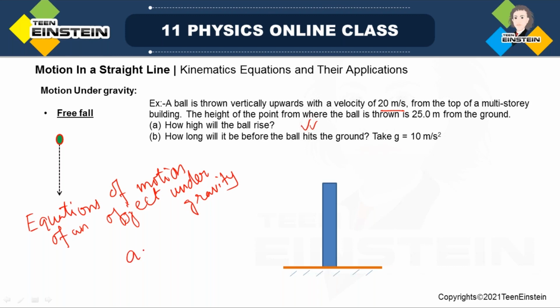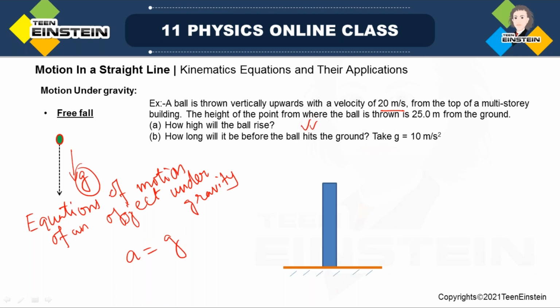See, under gravity means acceleration will be changed. That's all. Acceleration is g now. But here you have to understand that acceleration due to gravity always acts vertically downward. Whether you move in the downward direction or upward direction, that doesn't matter, g always acts in the downward direction.